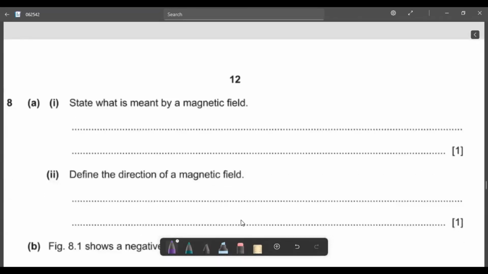Next, state what is meant by magnetic field. Actually, magnetic field is a region in space where magnetic forces are present. Suppose you are having one magnet, you could be having north-south poles, some field will be there. Some magnetic force will be around this magnet. That region is called as magnetic field.